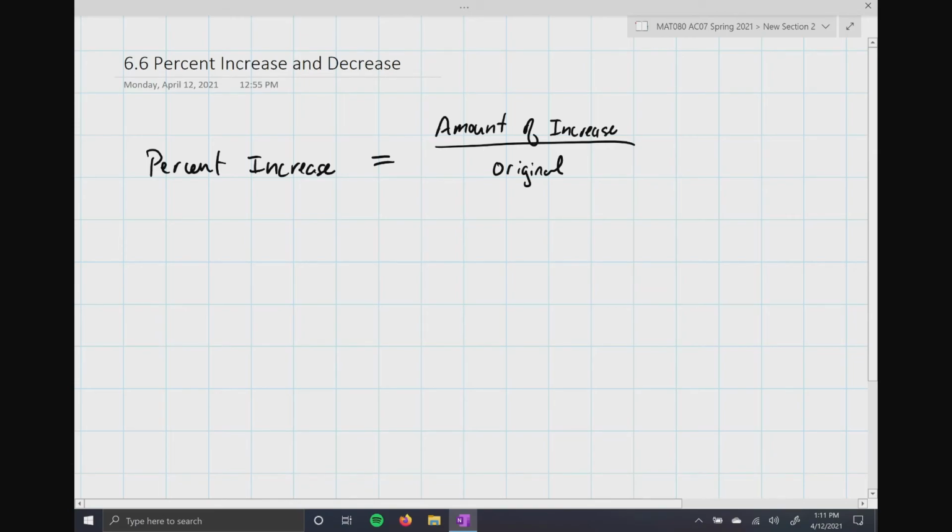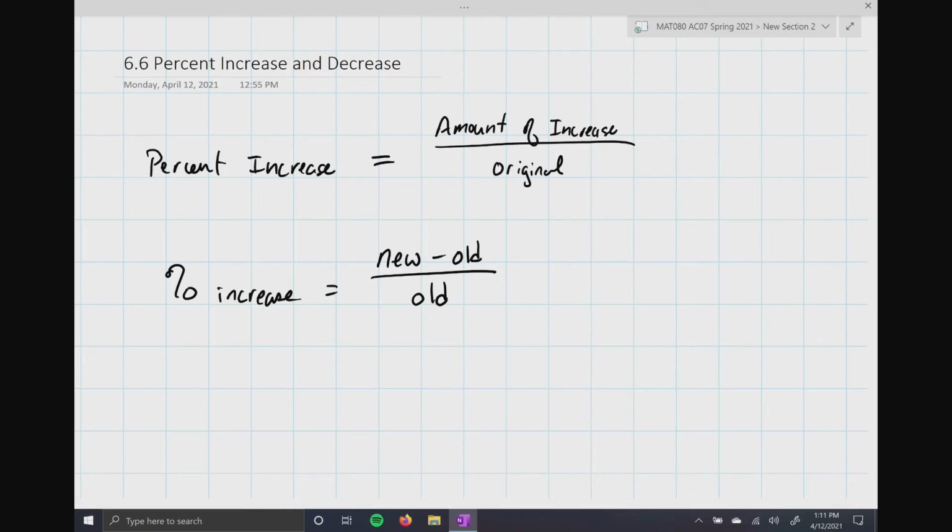Okay? Another way that we can write this is new minus old divided by old. Okay?